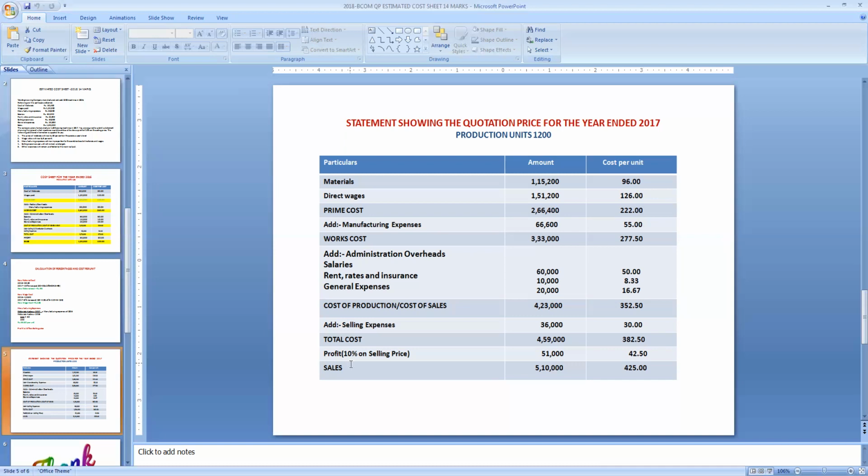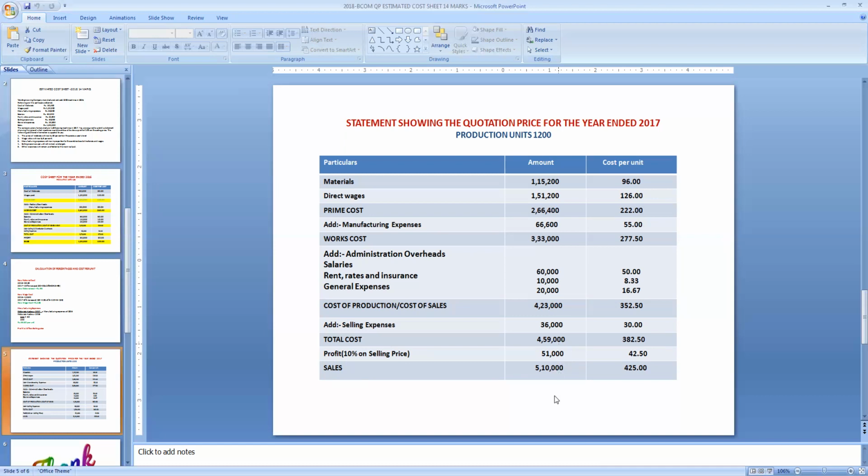Now we'll have to calculate the profit with the help of sales. The profit they have given is 10% on selling price, which is nothing but 90% on cost. So we'll have to calculate first. The 10% on selling price is nothing but 4,59,000 into 10 by 90. It comes to 51,000, which is the profit.